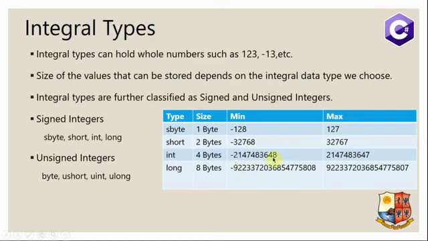I cannot store my mobile number here, either positive or negative, doesn't matter. I cannot store my phone number here. So what can I do? I can use long at that particular time. But if I'm using int, I will not be able to store my mobile number. So I see how many numbers maximum I'll be entering, and minimum I'll be entering. Based on that, I decide what type of data I need to choose.